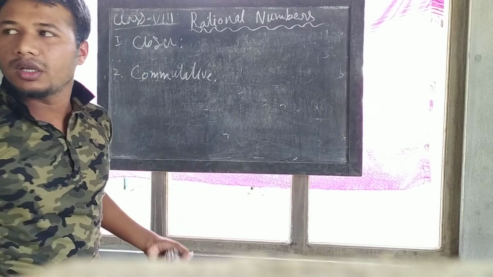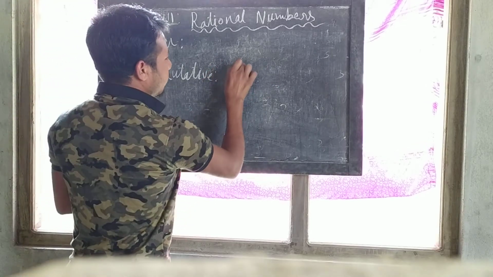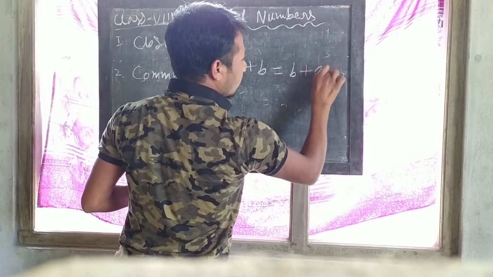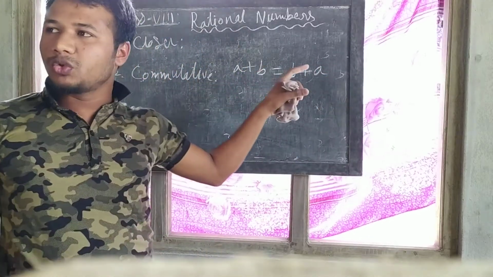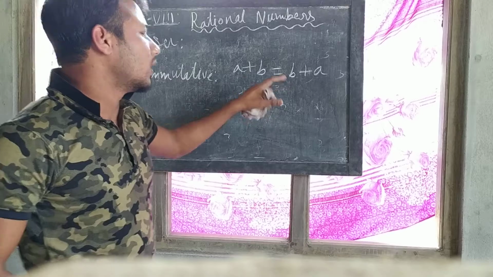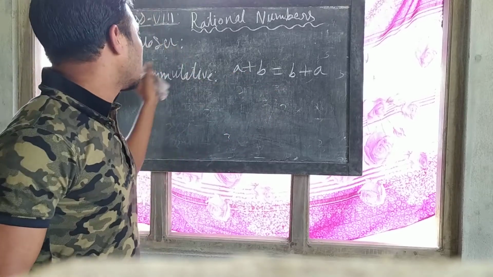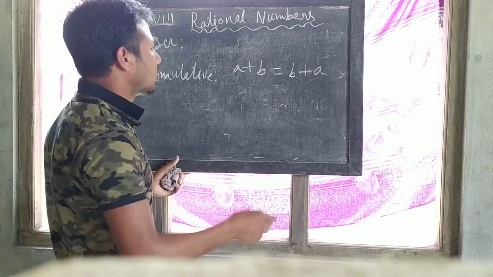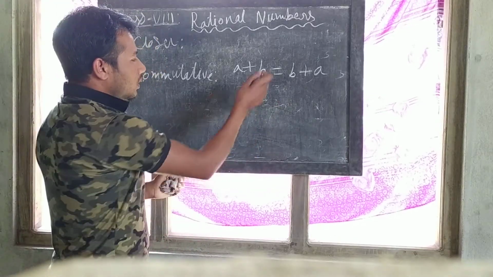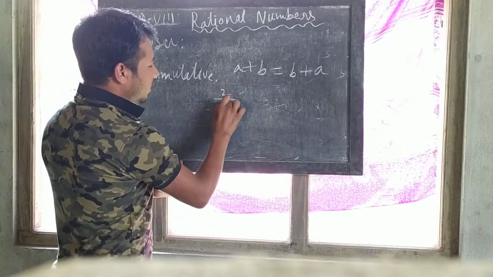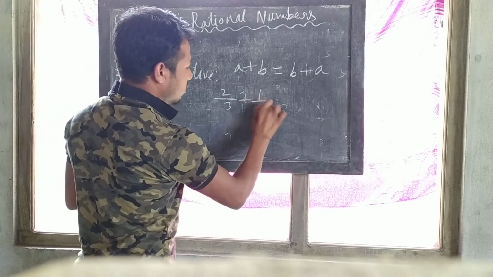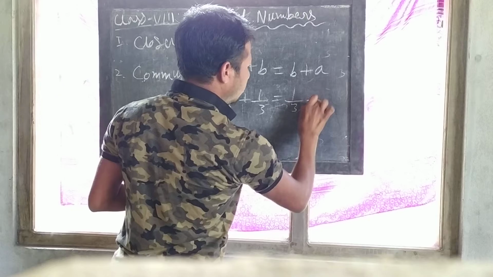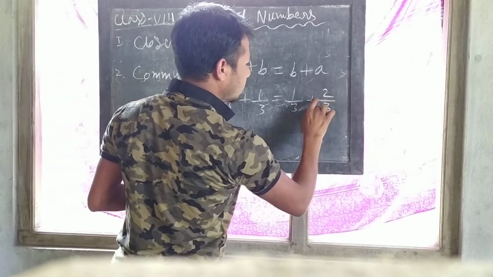In general, if a plus b equals to b plus a, if a plus b equals to b plus a for addition, then we can say that this is commutative. For rational numbers, it is commutative about rational number. See the previous example. 1 by 3 equals to 2 by 3. This will be the same.